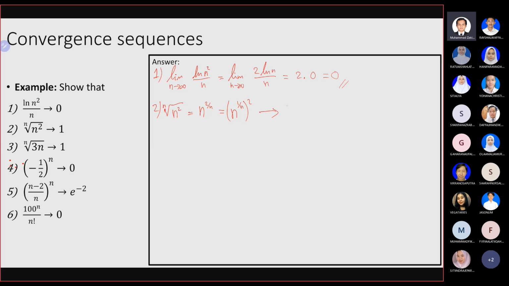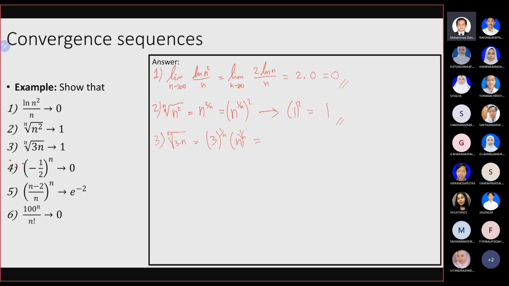So this is basically 1 squared, which is equal to 1. And then for the third one, we have the nth root of 3n. This is equal to 3 power 1 over n multiplied by n power 1 over n.